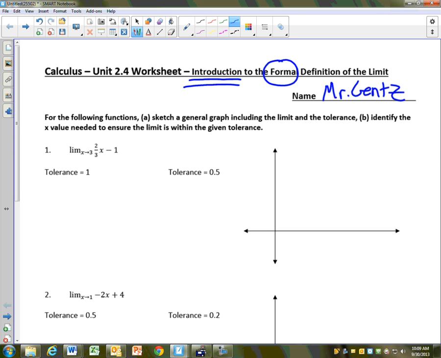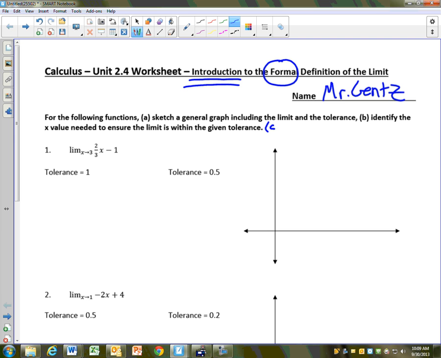So here's what we're going to do. We're going to try to ensure, but I got to add something here. It says, for the following functions: A, sketch a general graph, including the limit and the tolerance. I'll show you what that is. B, identify the x value needed to ensure the limit is within the given tolerance.